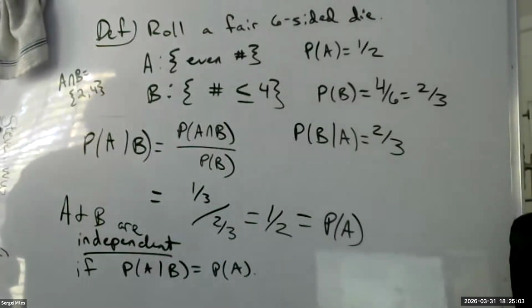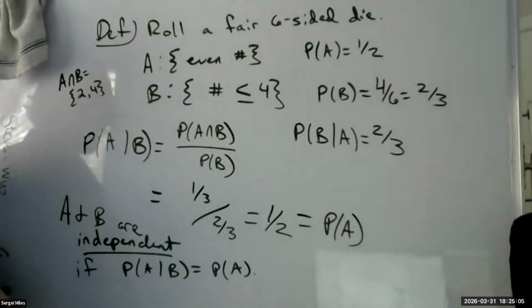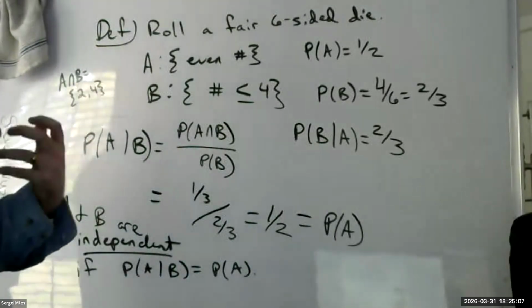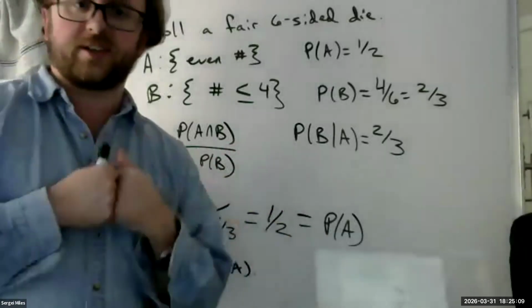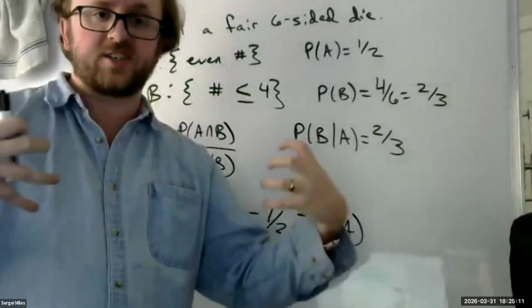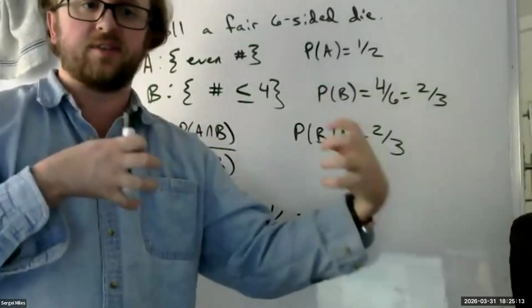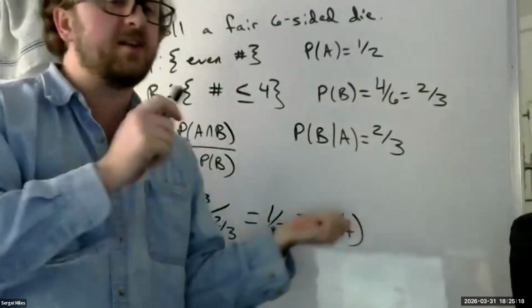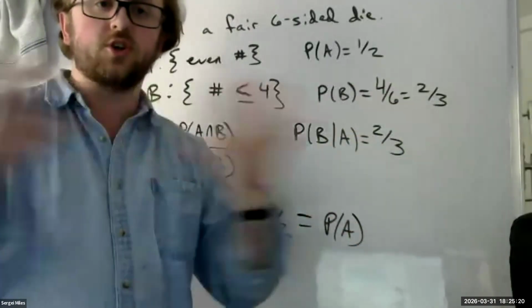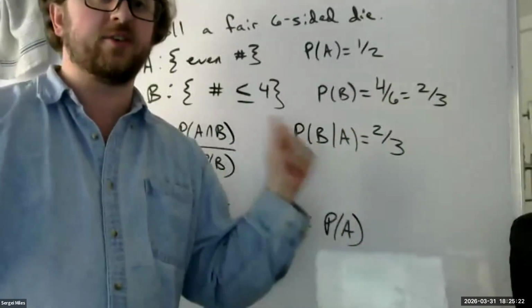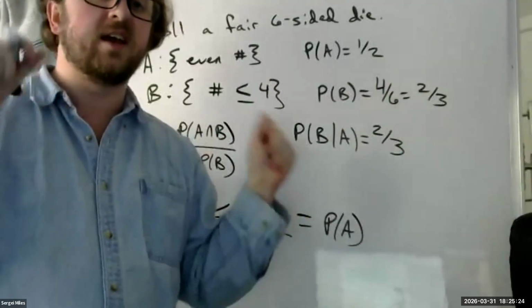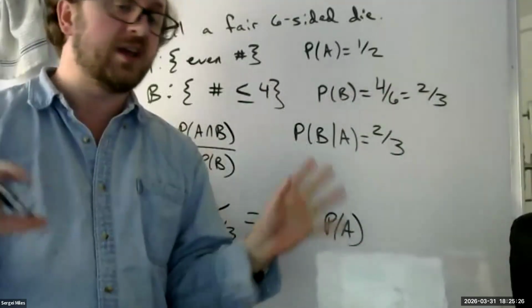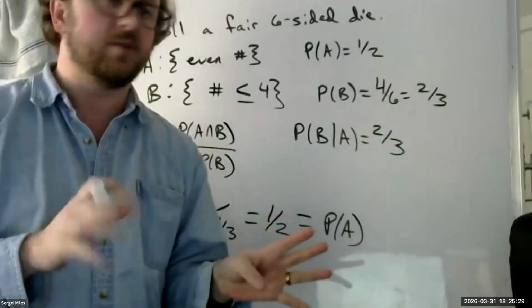Now, we also want to be careful with the vocabulary here because at the end of the last lecture, we were talking about when two events are mutually exclusive, that means their intersection is empty, they're separate from one another, they don't share anything in common. All right. Being independent and being mutually exclusive are two very different things. All right. They're different words, they are different vocabulary terms, and they do not imply each other.